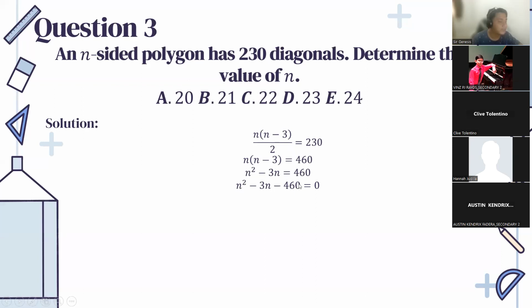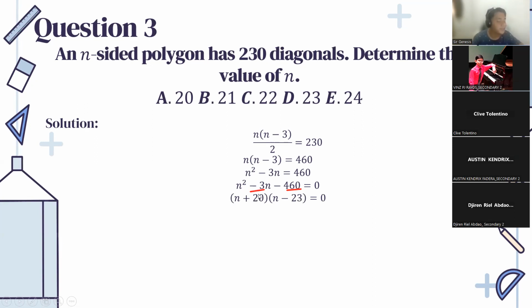Okay, and then we just need to factor this one. Now, we just need to find two factors of 460 such that their difference will give us 3 or -3. So those two values are just easy to solve because 460 can just be expressed as 23 times 20.